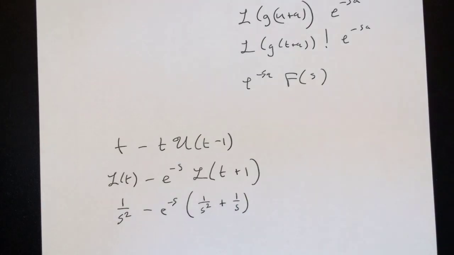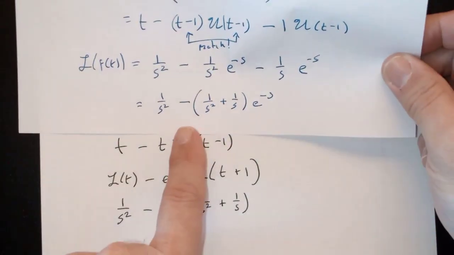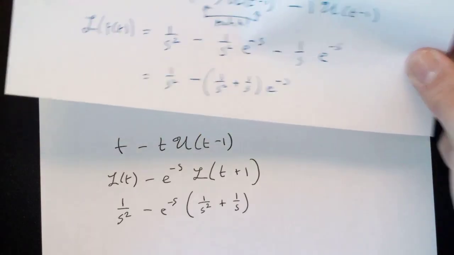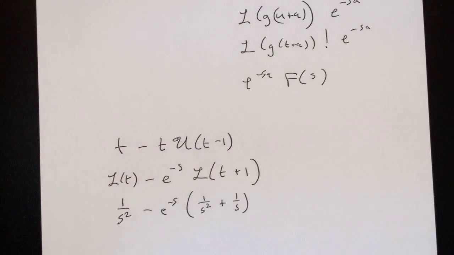And if you look back, that's the same thing we got the other way, didn't it? So we can think of readjusting our shift or doing the algebra to match the inside and outside functions. I don't know which one you're going to think is easier.